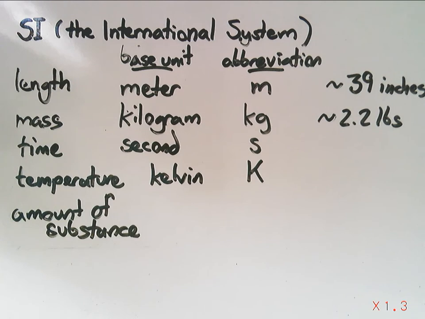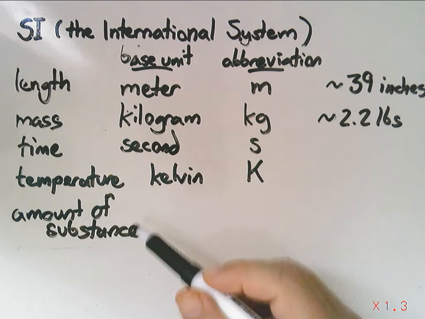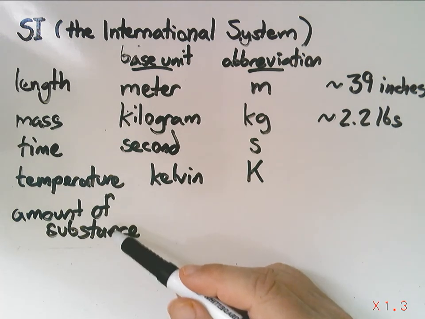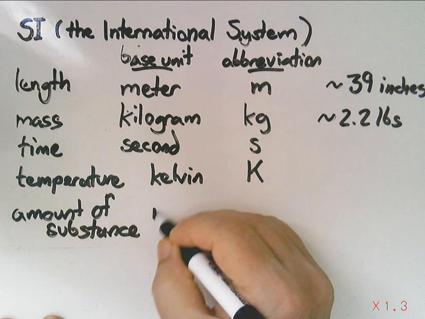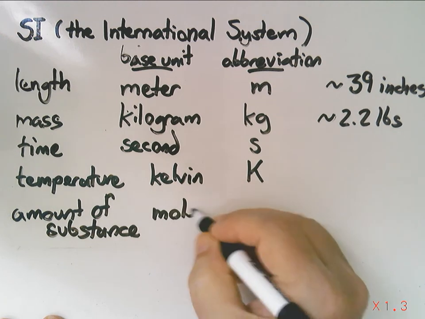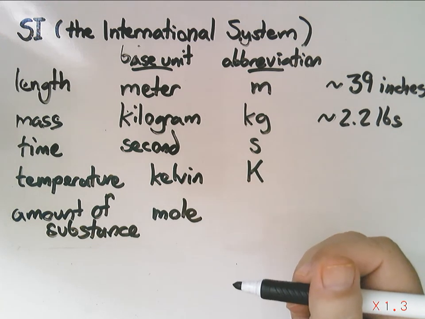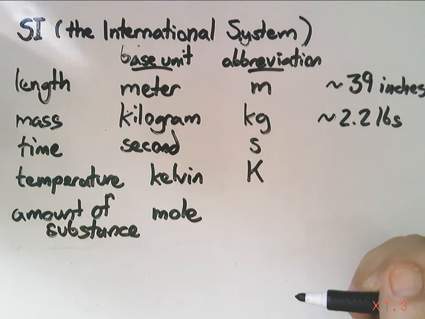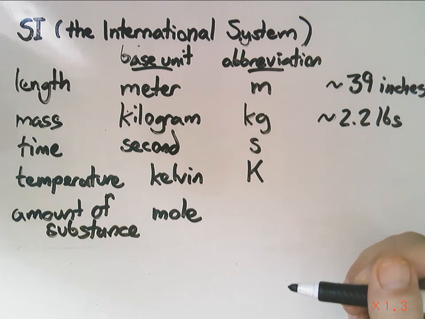Well, you could use the mass as a measure of amount of substance, but sometimes you have big jelly beans, sometimes you have small jelly beans. So really what they're trying to do here with amount of substance is count how many particles of something you've got. The mole is a certain amount of particles of something. It's like a dozen. A dozen is a particle counting kind of measure. If you say, I have a dozen eggs, you're saying you have 12 eggs, that you've counted out 12 eggs.